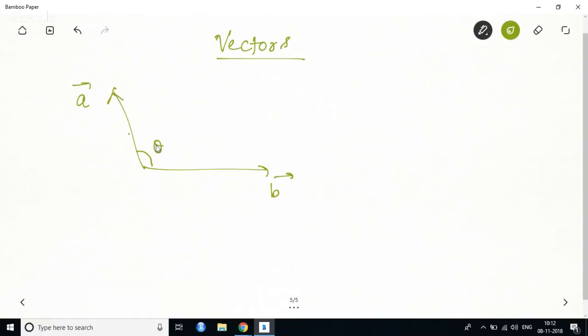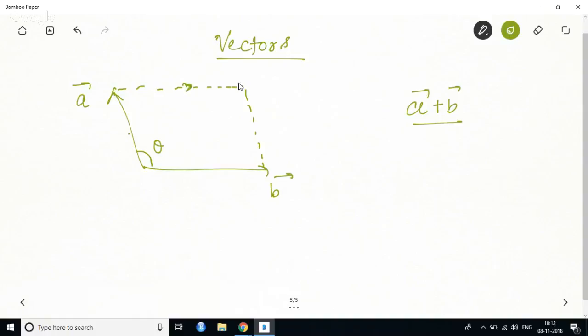So how do you try to solve this, or find the resultant of this? Finally I have to find A plus B. So what I do is make a parallelogram. To make a parallelogram, I draw two parallel lines.